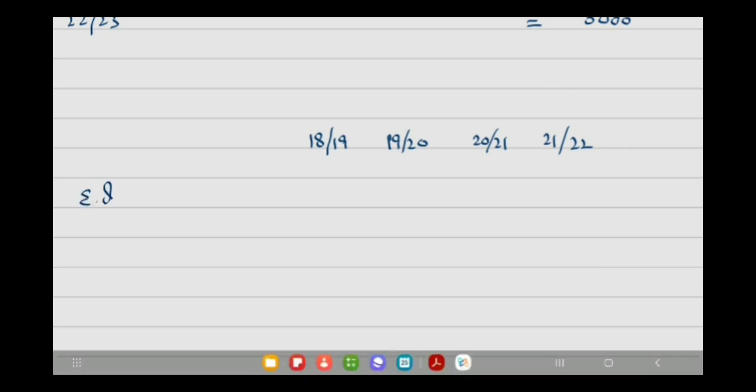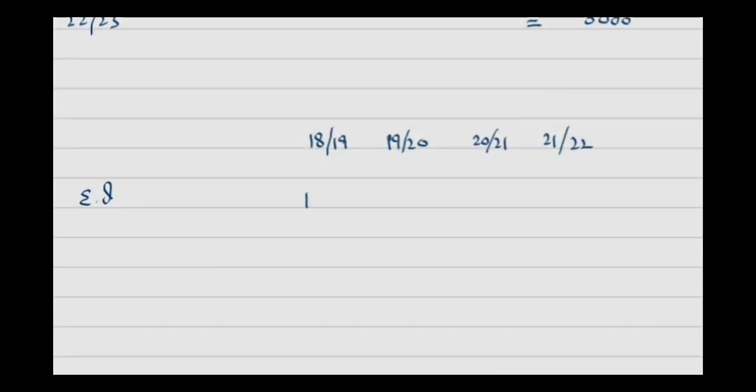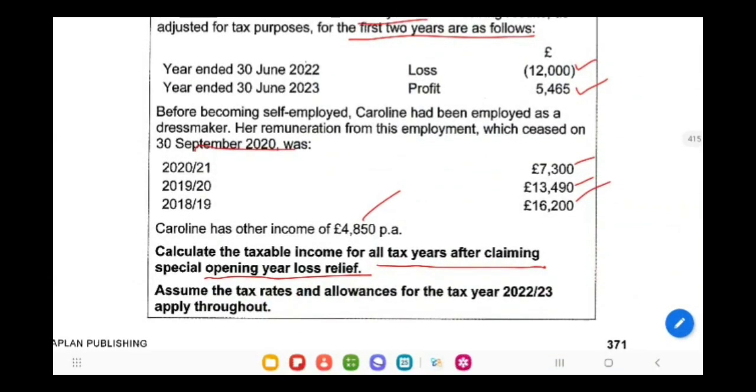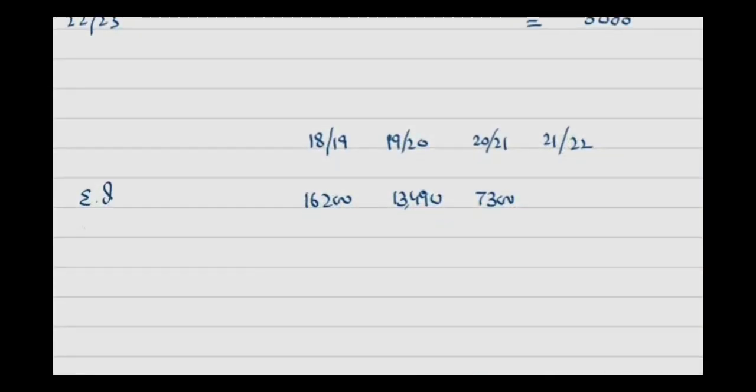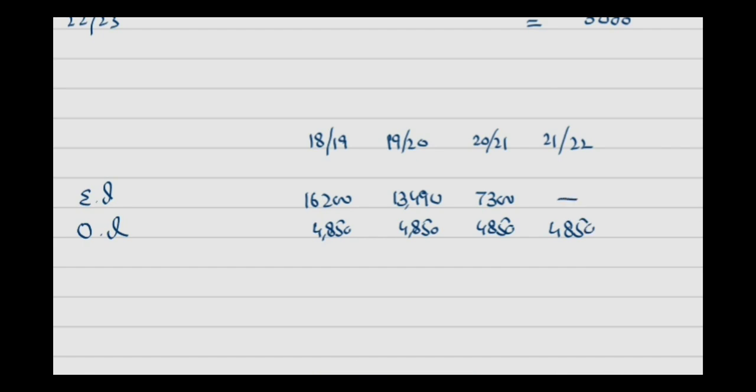First of all, employment income, which has been given in the previous years, is 16,200, 13,490, I think 7,300, and no employment income in the 21-22 year. Then he has other income of 4,850, and 4,850 in this year as well, and in the coming year as well.